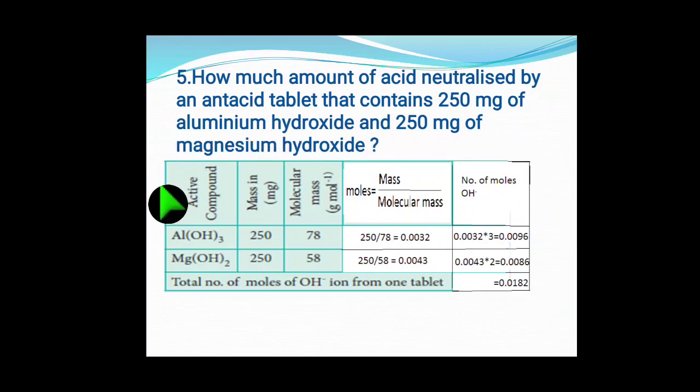This table shows the total number of moles of OH minus ions from one tablet, 0.0182.